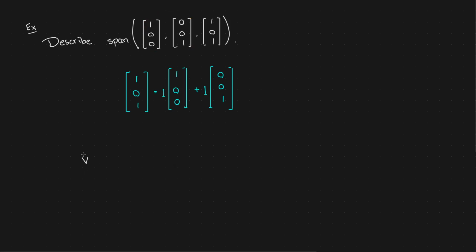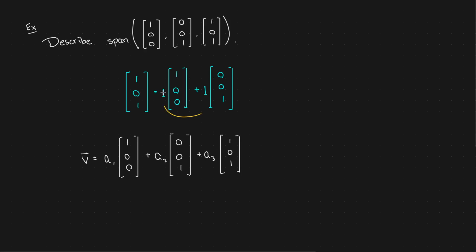Okay, if vector v is in the span of the 3 vectors, then I could replace that last vector, 1, 0, 1, with 1 times 1, 0, 0 plus 1 times 0, 0, 1. I'm just going to take this, plug it in for that last vector.